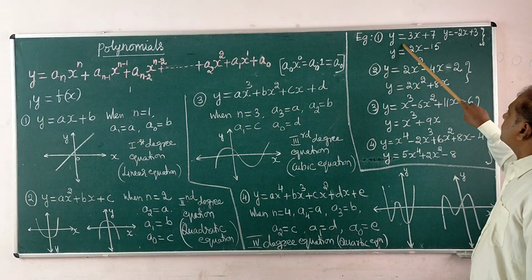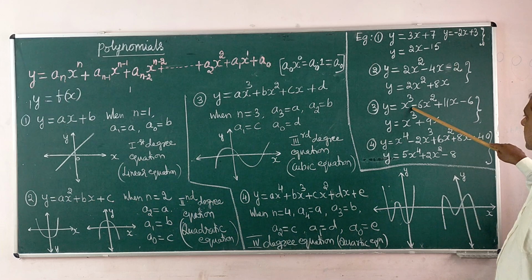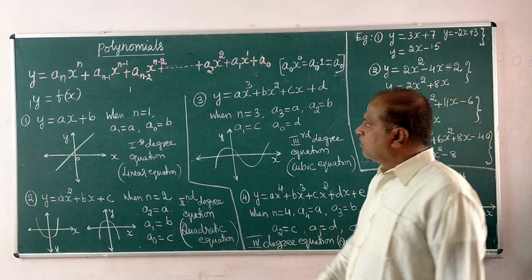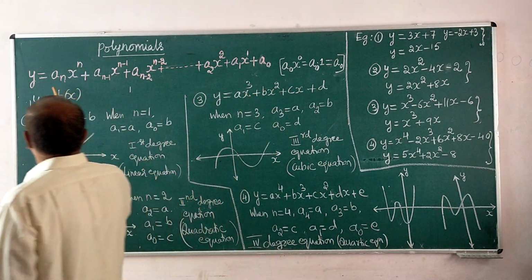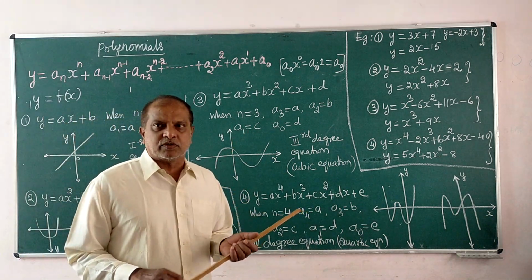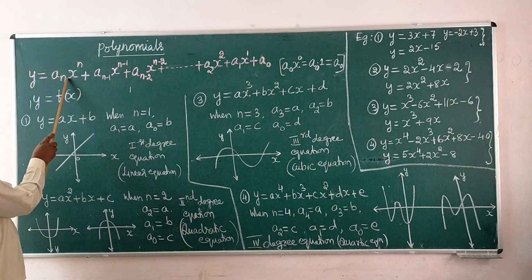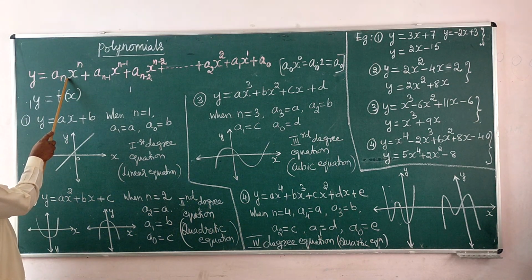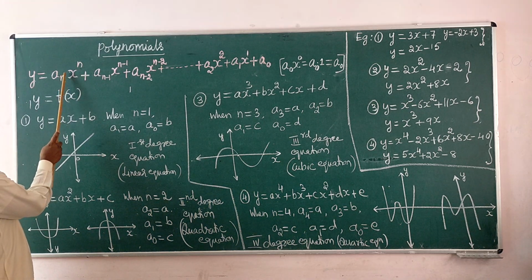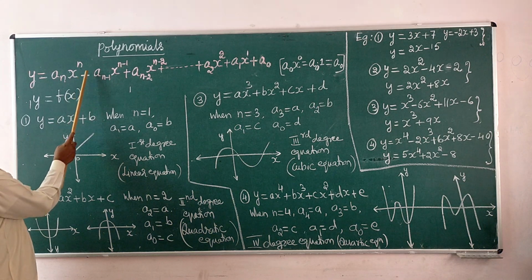Examples of first degree equation, second degree equation, third degree equations, fourth degree equations. What are polynomials? Polynomials are an algebraic expression containing a finite number of mathematical terms. These terms operate under different mathematical operations: multiplication, addition, subtraction. This value may take plus or minus.